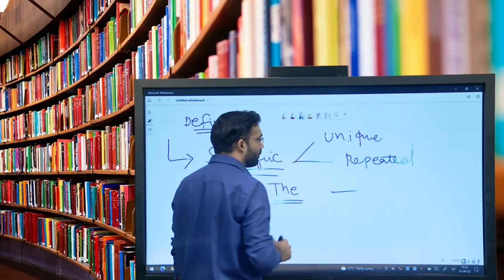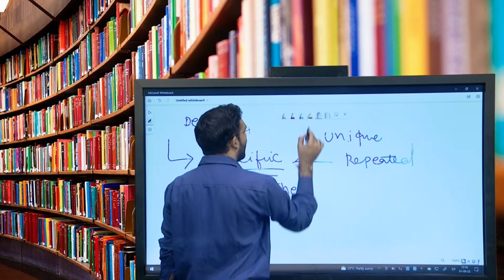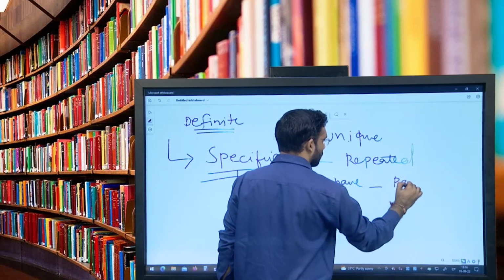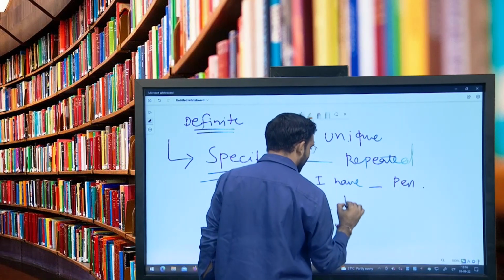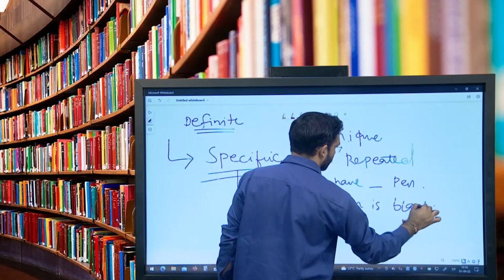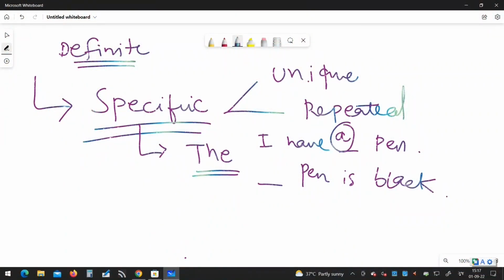When I say I have a pen, the pen is black. Here I have a pen, countable, common, singular, then a pen, consonant. Now this is a specific one, you are repeating it.